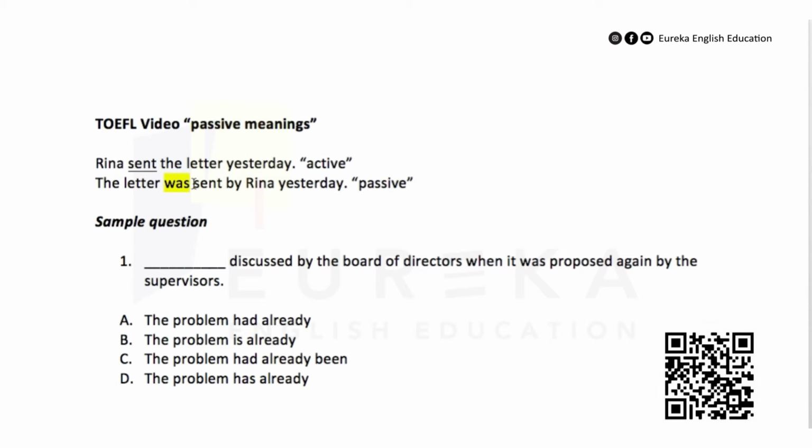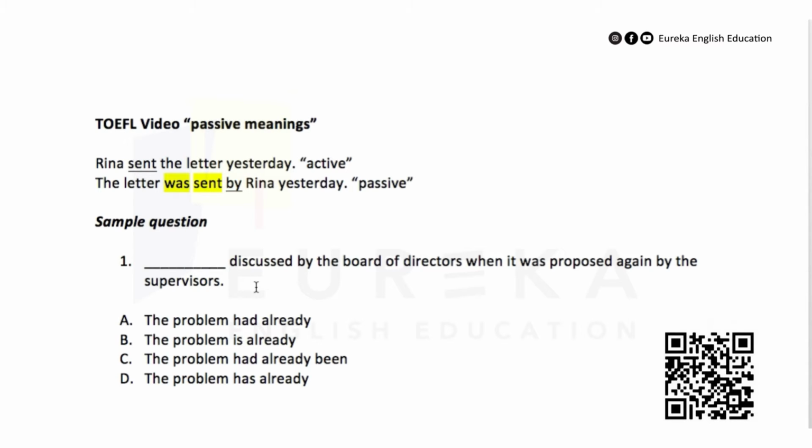And the second one is the verb form, which is the past participle form or verb 3. So these are the two main characteristics of the passive verb. Another important feature that we need to pay attention to, to see whether the sentence requires the passive verb, is the existence of a preposition after the verb, mainly the preposition by.